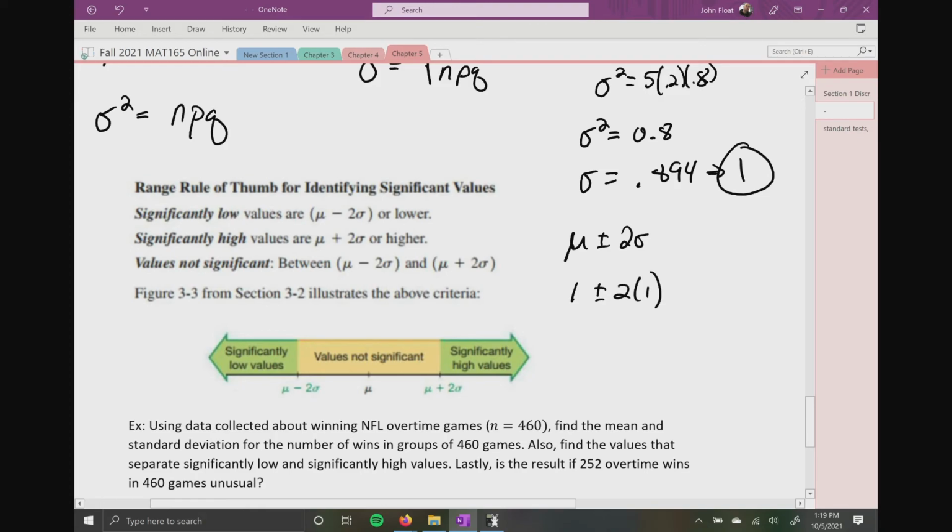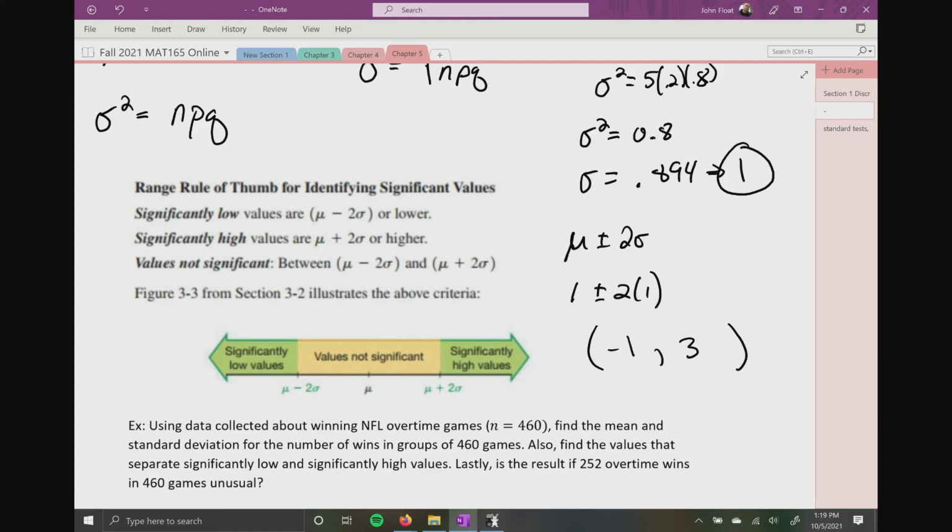So our normal values would range in between, well, let's see here. 1 minus 2 is going to be -1, and then 1 plus 2 is 3.